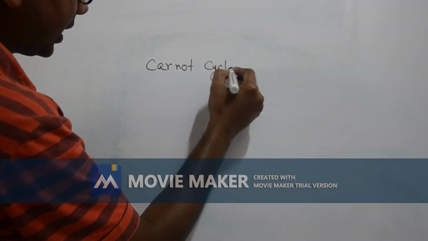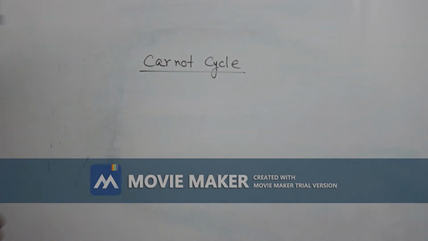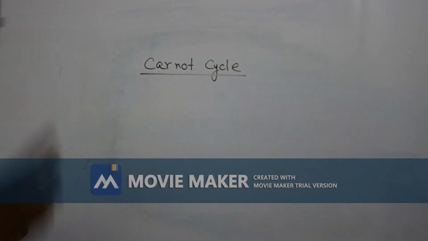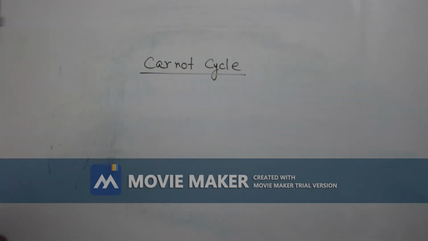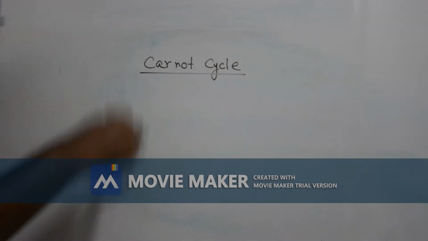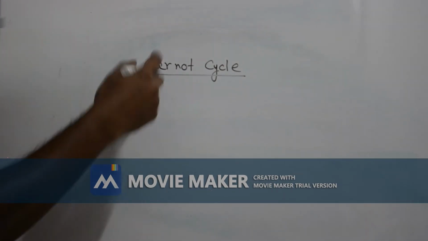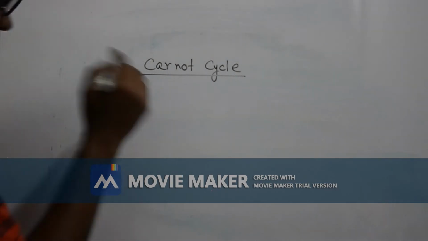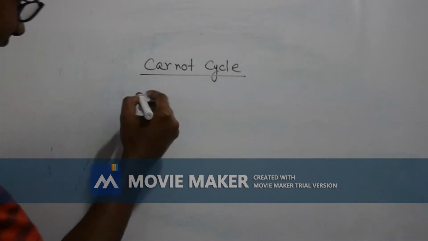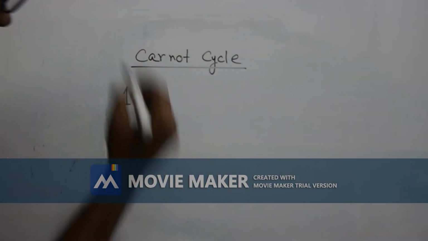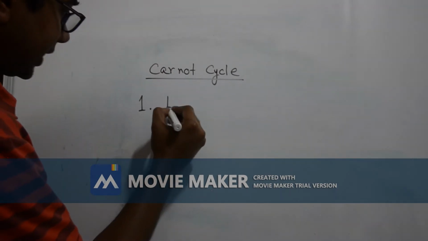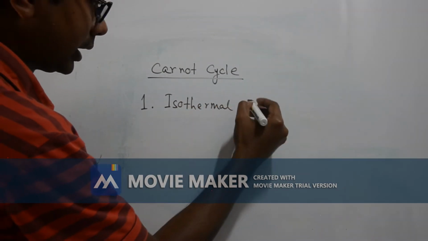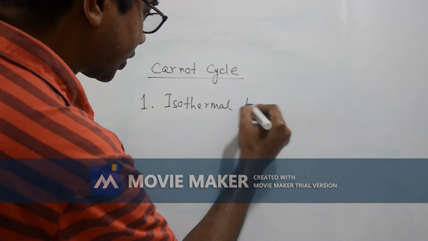It's basically a reversible cycle of the heat engines, and the reversible process can be depicted in a PV diagram, but let me tell you all the 4 steps which come in the Carnot cycle. The first step is isothermal expansion.